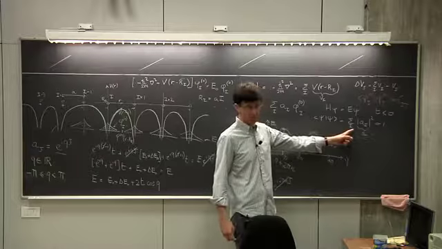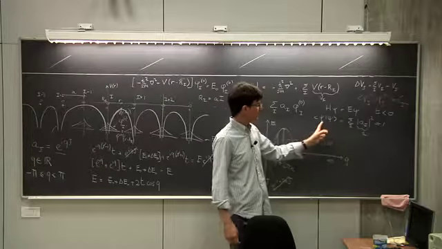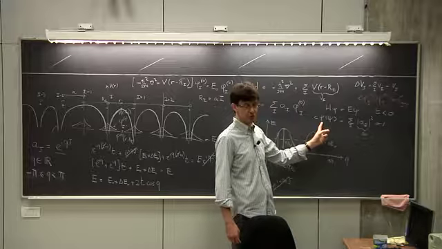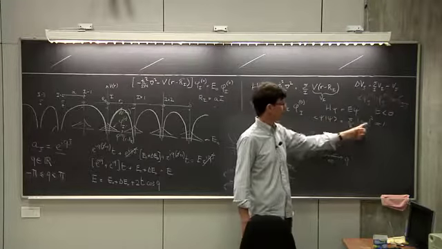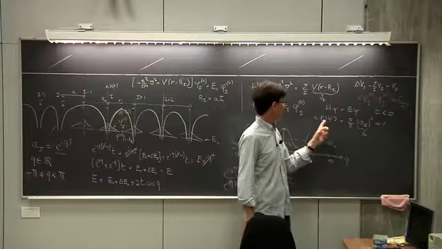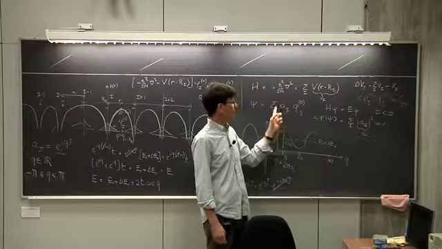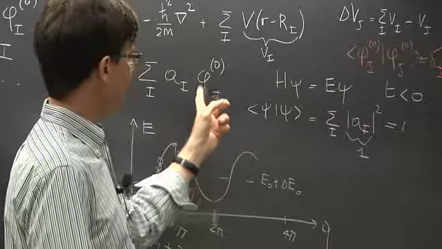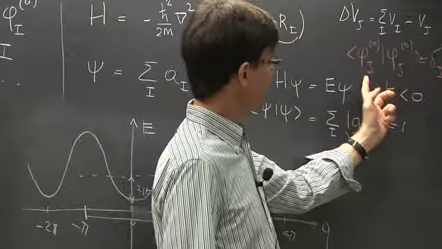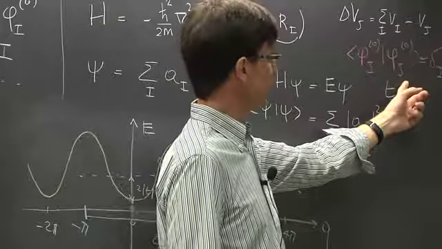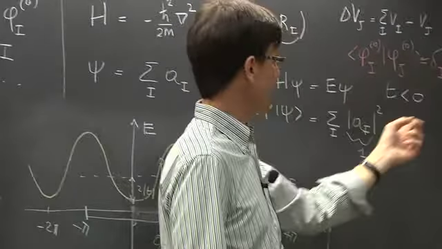We have been using this. So you're asking whether we can use the approximation that wave functions don't overlap. That's exactly what we've used to write this. Psi times psi is in principle the product of a_i, a_j times phi_i, phi_j. And we have assumed that, because of this condition, phi_i phi_j is delta_ij.